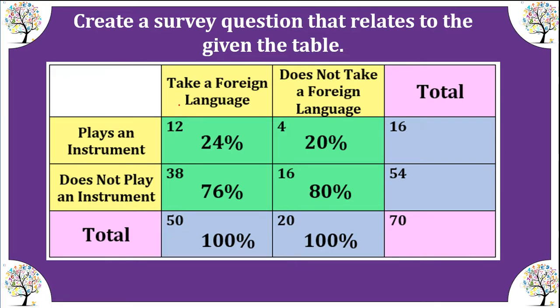So this is all about the folks that take a foreign language or those that don't take a foreign language. Is there an association of taking a foreign language and playing an instrument? And again, we said there is a big enough gap between these two percentages to say there is a strong association. So if you take a foreign language, I can predict that you probably don't play an instrument.